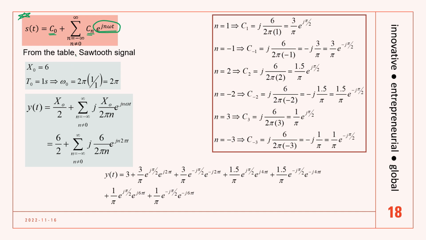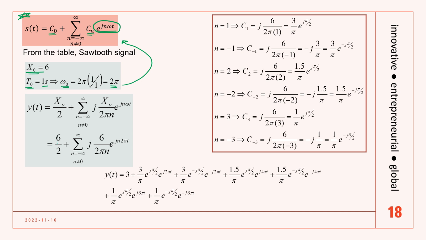From the table for the sawtooth signal, we know the value of x naught is equal to 6, and T naught is equal to 1 second, therefore your omega is going to be 2 pi. From here we can replace all these values inside this general exponential equation.